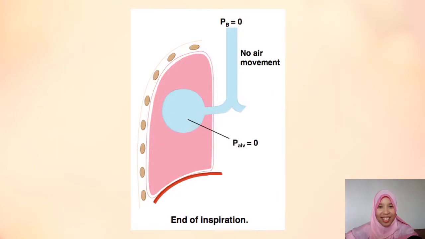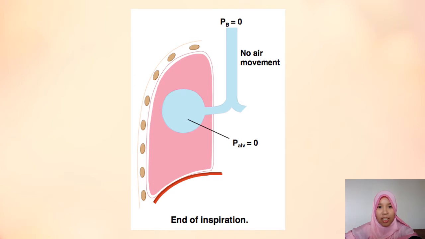Now you can see that at the end of inspiration, the diaphragm is flat, and the thoracic cavity is at its most expanded volume, right? Because of the contraction of the external intercostal muscles and also the contraction of the diaphragm.